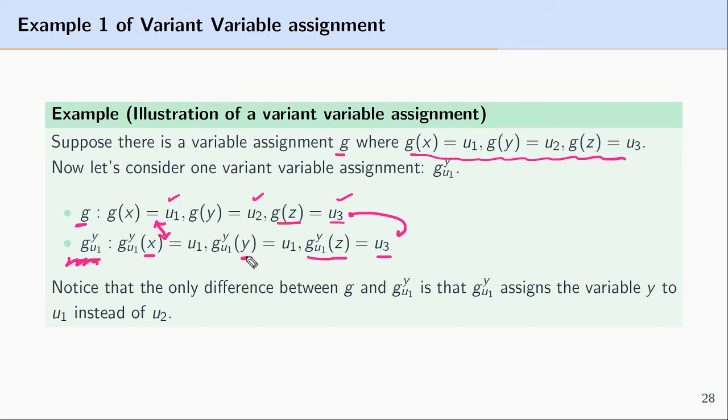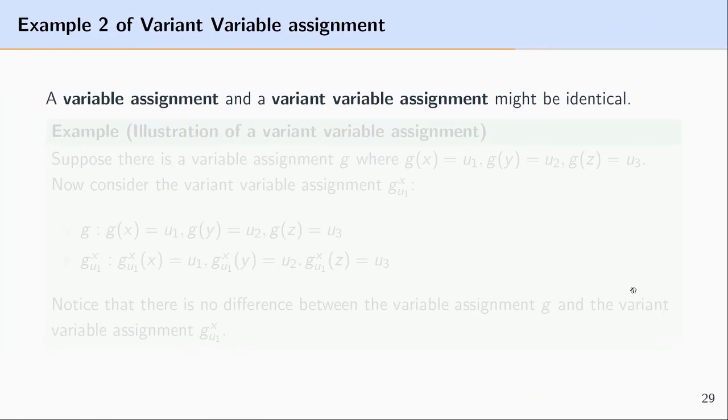Instead of assigning Y the item U2, it says that Y denotes U1. So there's no difference between G and G Y sub U1, except for how it's treating this Y variable.